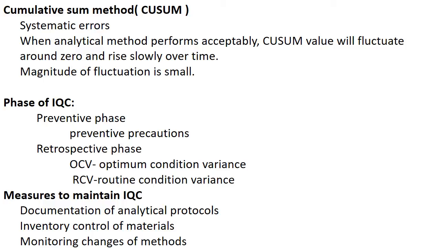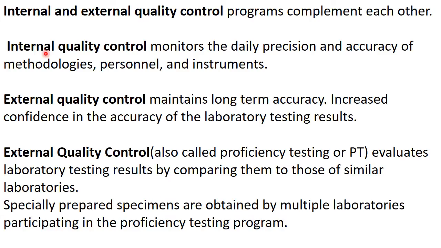Record maintenance of all instruments along with the work performed by service personnel outside the laboratory. The problem occurred along with the action employed to resolve them should be indicated. These are the measures to maintain internal quality control.